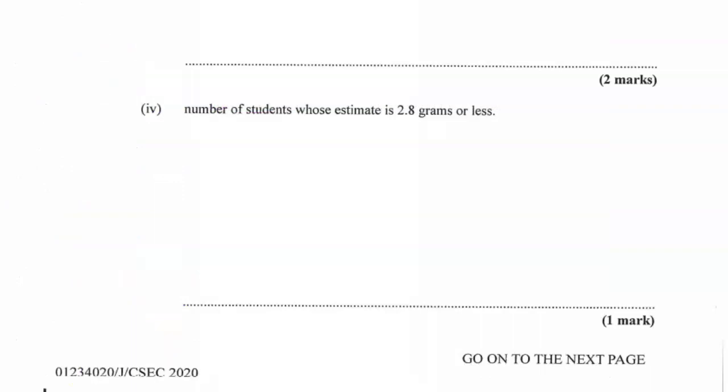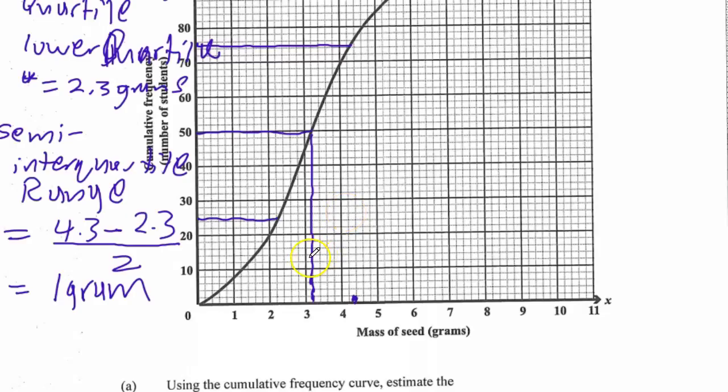Next, we are asked to find the number of students whose estimate is 2.8 grams or less. Let's go back to the graph. So we look for 2.8 grams. 2.8 will be about here, and we bring it up to touch the curve here.